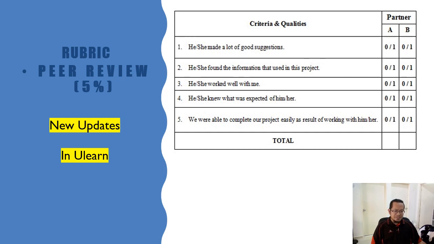For example, you can download this form in YouLearn. If she had made a lot of good suggestions, then you can give her marks 0 or 1. If he or she worked well with me, or just gave me a problem, just skipped and doesn't talk, doesn't contribute anything, then you can give a poor mark here. So it's up to you. I hope that you can give honest marks on this one.